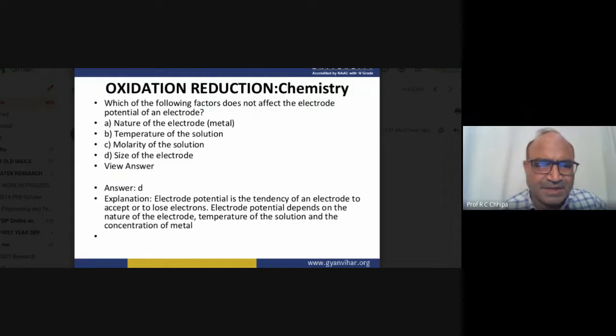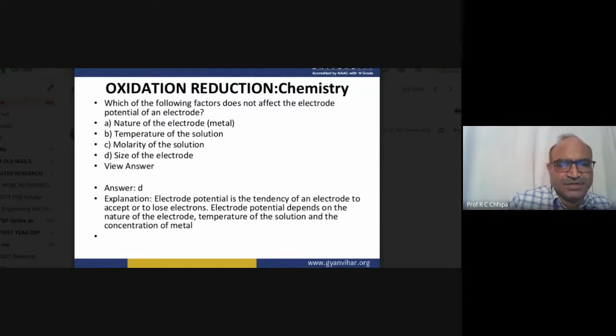Electrode potential is the tendency of an electrode to accept or to lose electrons. Electrode potential depends on the nature of the electrode, which type of electrode is used, and on the temperature and the concentration of the solution. So temperature, concentration, and the nature of the electrode are responsible for getting the relevant information.